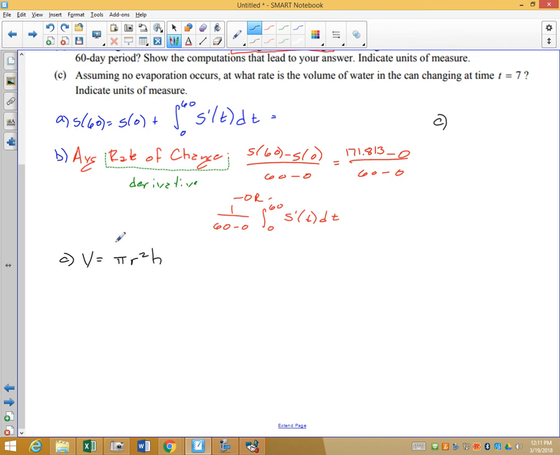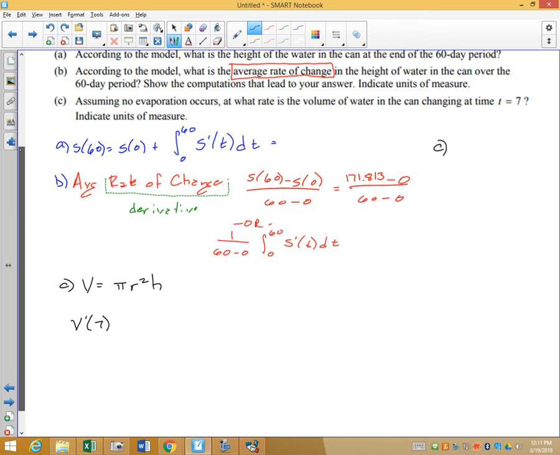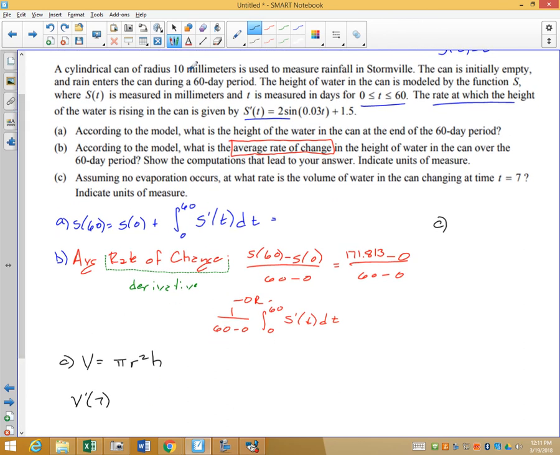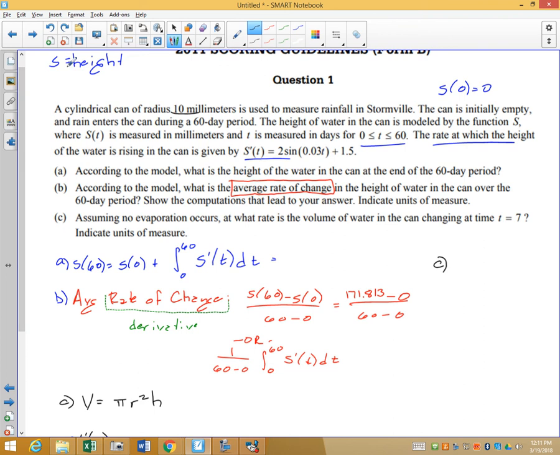What they're asking you to do is find the derivative of the volume, basically find v prime at 7. Do we know anything about radius and height? We know the radius is 10 millimeters. The height of the water was the function s, right?